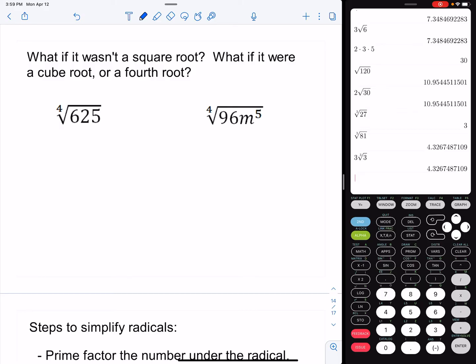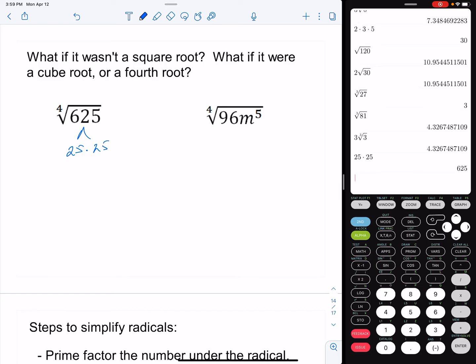Well, I know that 625 is going to break into 25 times 25 because I know 25 times 25 gives me 625. So then my 25 will break into 5 times 5 and 5 times 5. So that means really I've got the 4th root of 5 times 5 times 5 times 5.